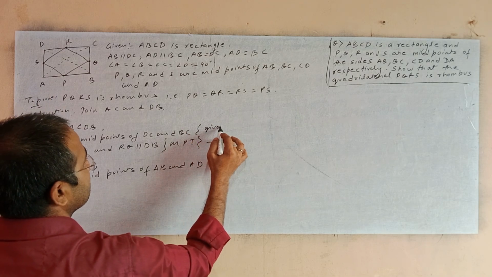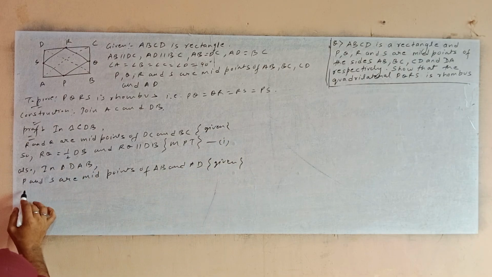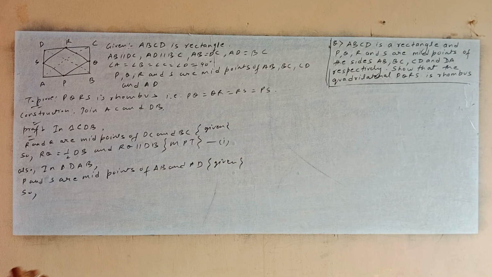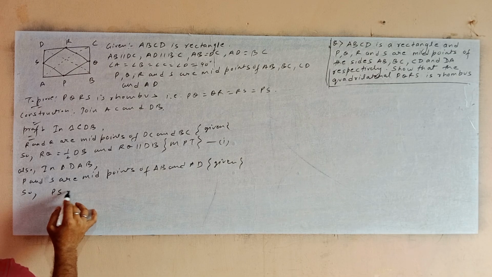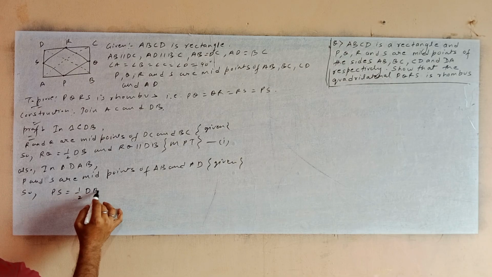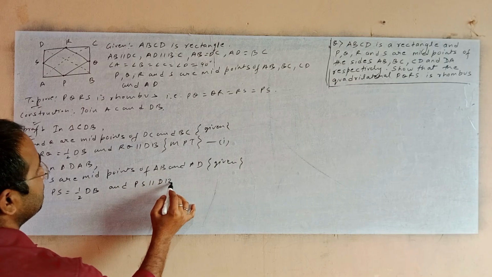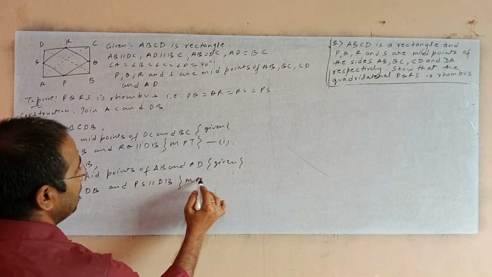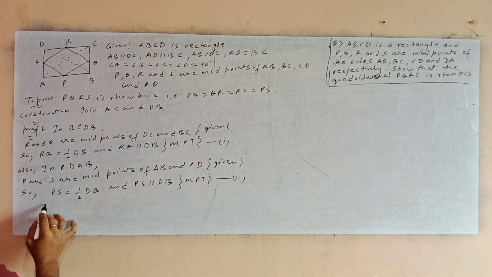It is given. So what will happen? PS is equal to half of DB and PS is parallel to DB. Why? By the midpoint theorem, and take it as second.